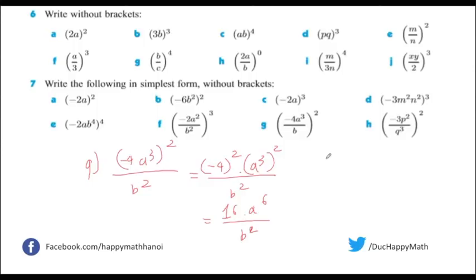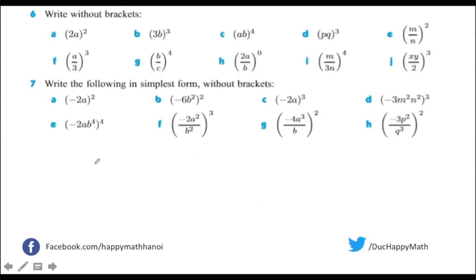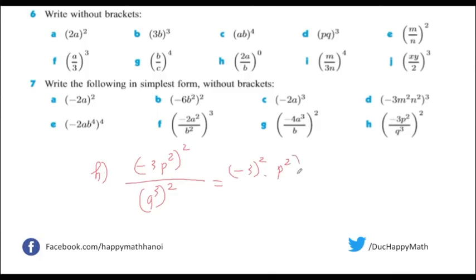Yeah, and the last one, H. Negative 3 p squared, squared outside over q squared, p cubed and squared here. Negative 3 squared and p squared, and you have q to the 6, and negative 3 squared is 9, p squared squared p to the 4. So q to the 6 here. Yeah.